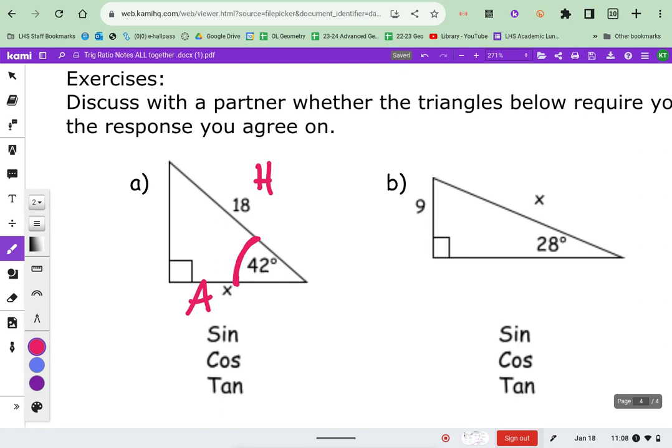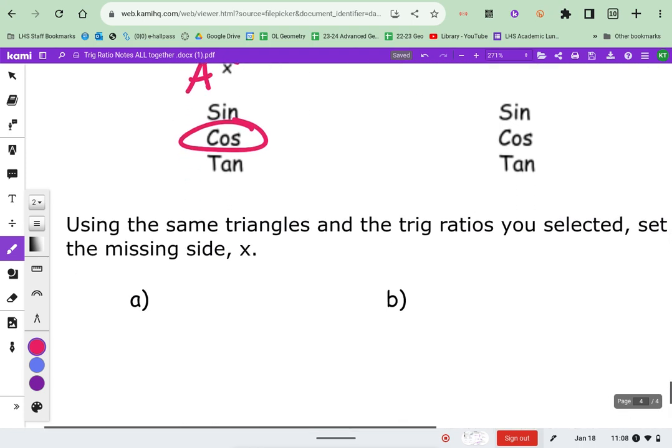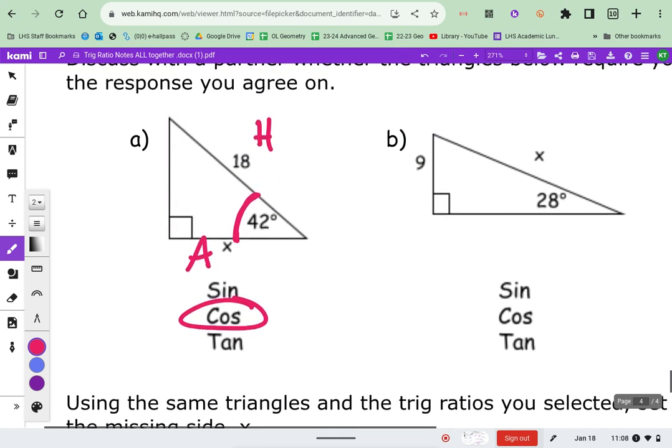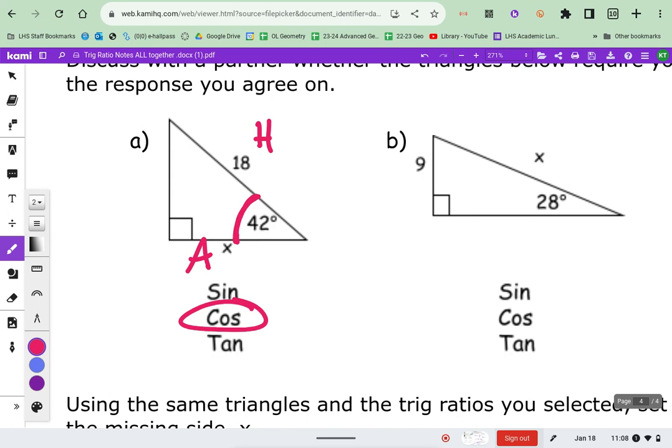So if you're looking at the previous page, which one, sine, cosine, or tangent, works with adjacent and hypotenuse? Cosine, yeah, the CAH in SOHCAHTOA. Cosine works with adjacent and hypotenuse. So this guy is cosine. So if we go down to the blank space below it, we're going to use cosine to solve for X.